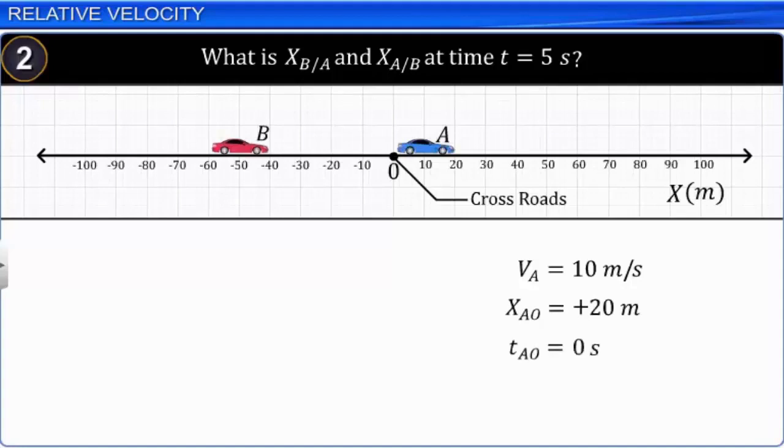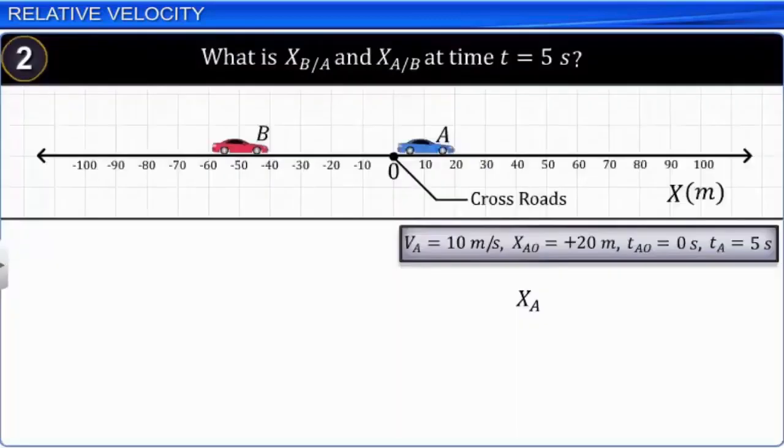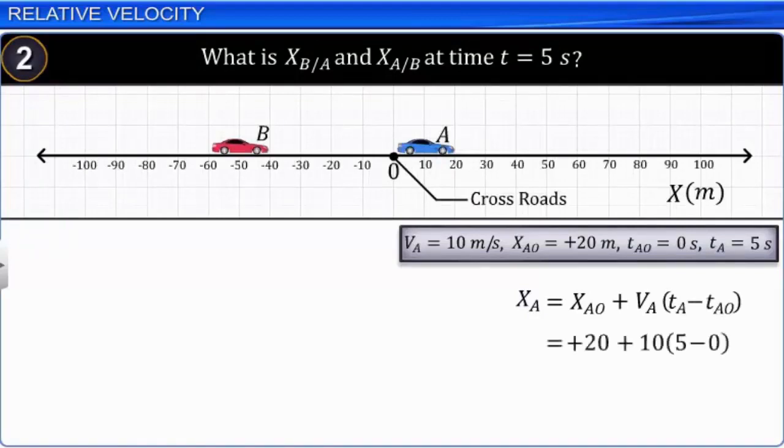We need to find xA. xA is equal to xA0 plus vA into (tA minus tA0). On substituting and simplifying, we get xA equal to plus 70 meters.